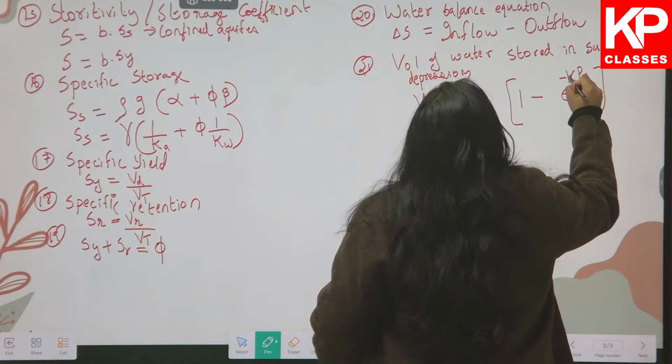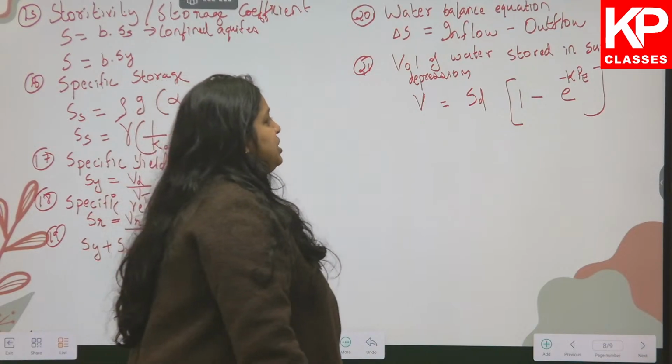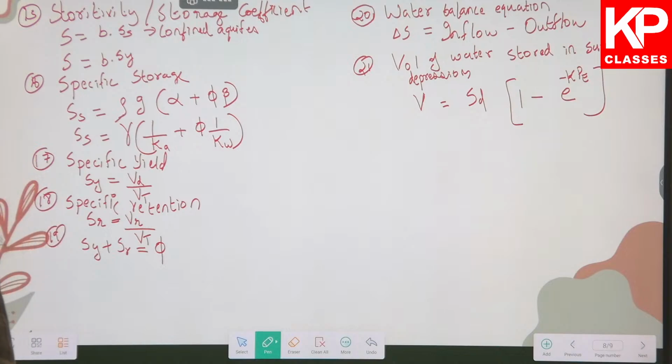SD defines the maximum storage capacity of the depression, K is a constant, and PE is the volume of precipitation that has happened. So this is the equation which defines the volume of water stored in the surface depressions.